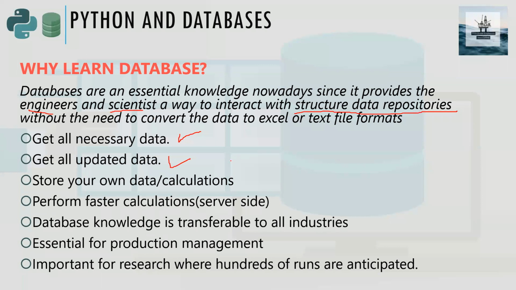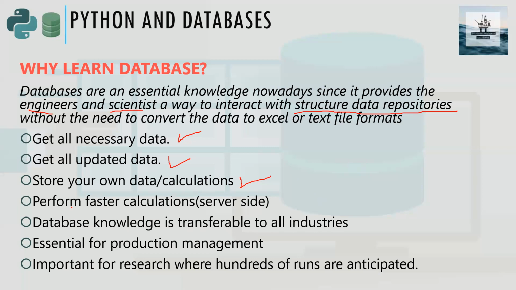Plus, he can do his own calculations on the database, because databases are usually stored on servers, and those servers have much better computational power than our computers, so they are better at doing calculations.